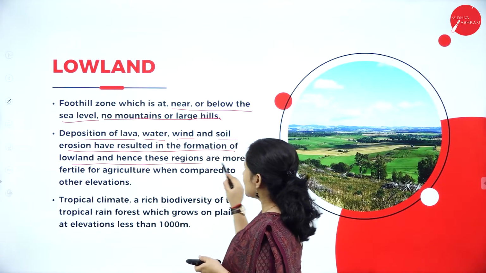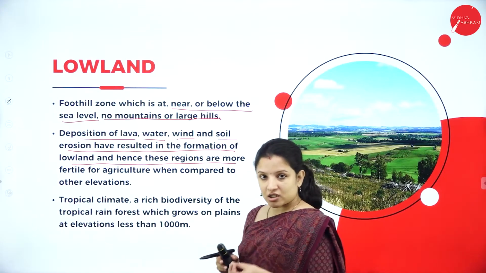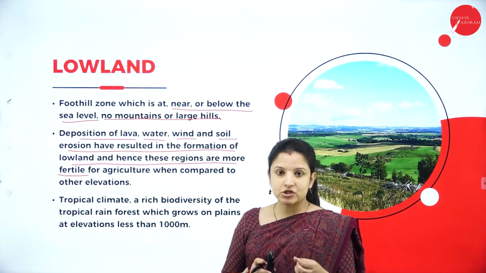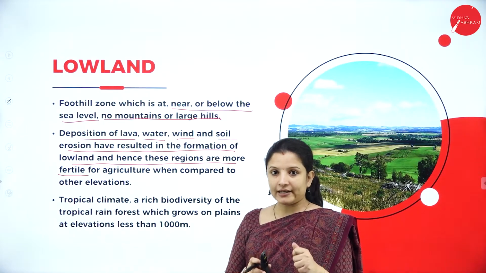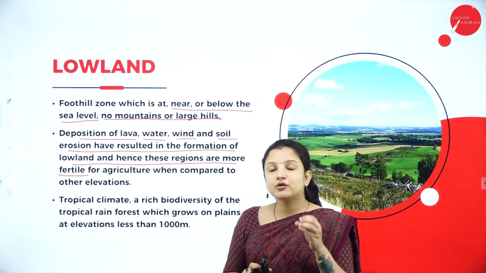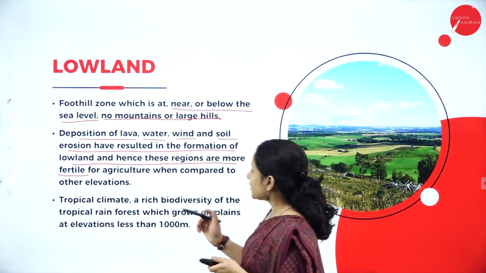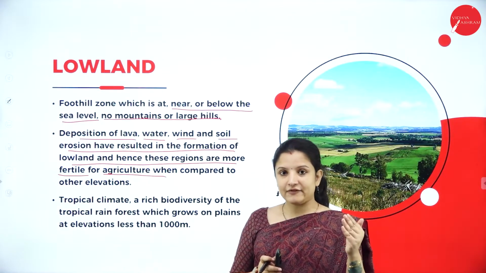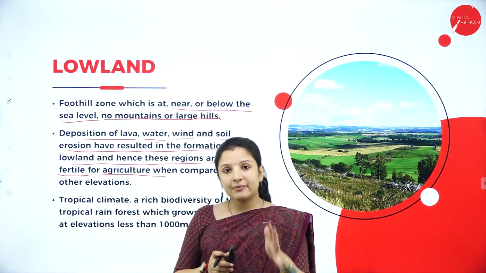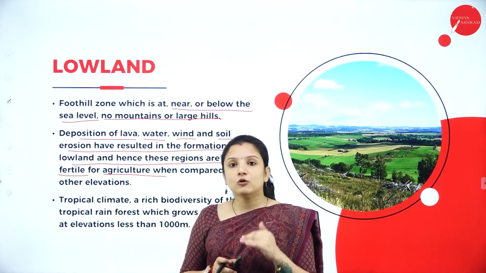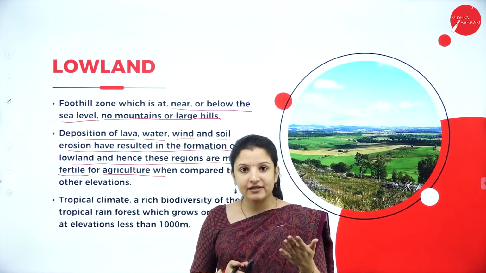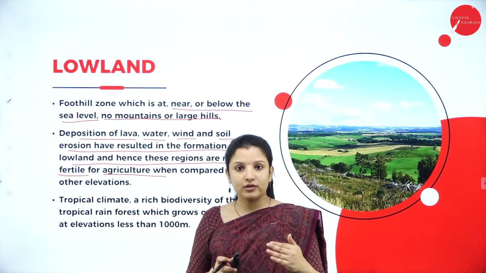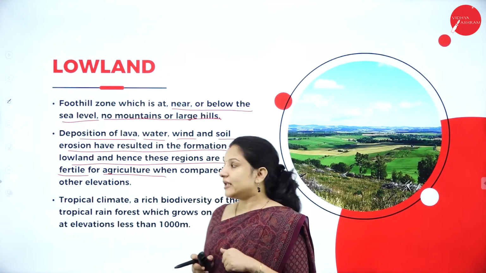Hence these regions are rich in soil content, and the soil is very fertile, suitable for the growth of a number of plants, including for agriculture, compared to other elevations. Therefore, human habitation, agriculture and farming are more in the lowland compared to higher elevations.